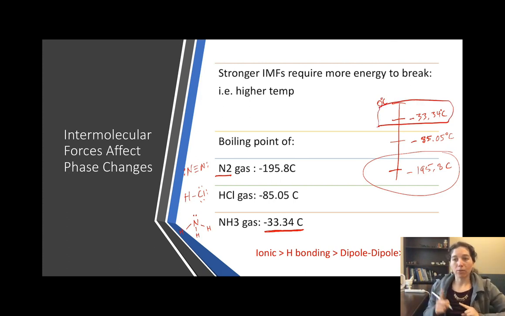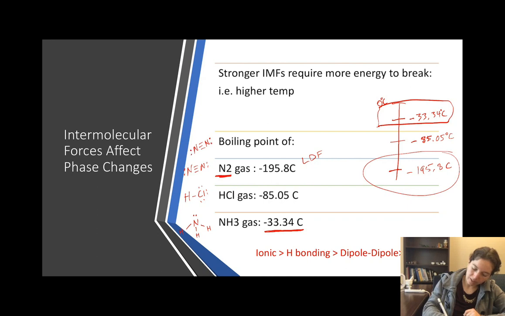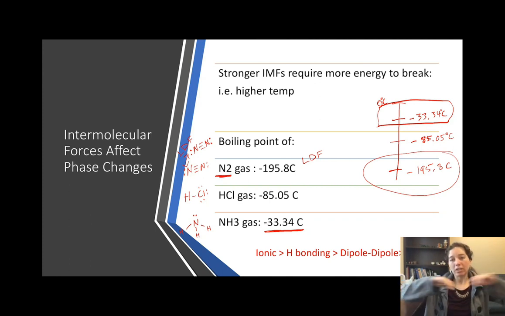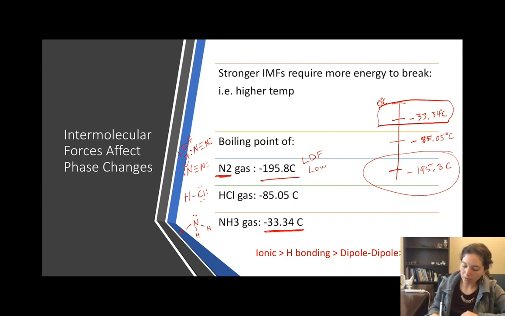Now the reason for this is because of the different types of intermolecular forces. The nitrogen gas here is a nonpolar covalent molecule, which means it has London dispersion forces between two molecules of N2. So if you have these two here, the way that they're attracted to each other is through London dispersion forces. That's their connection, which is really weak. So it doesn't take much energy to separate them, which means we have a really low boiling point.